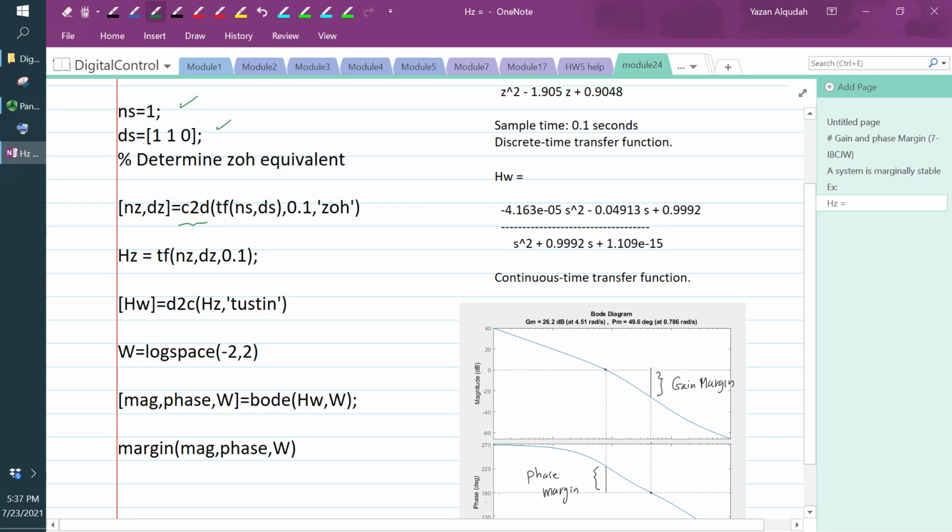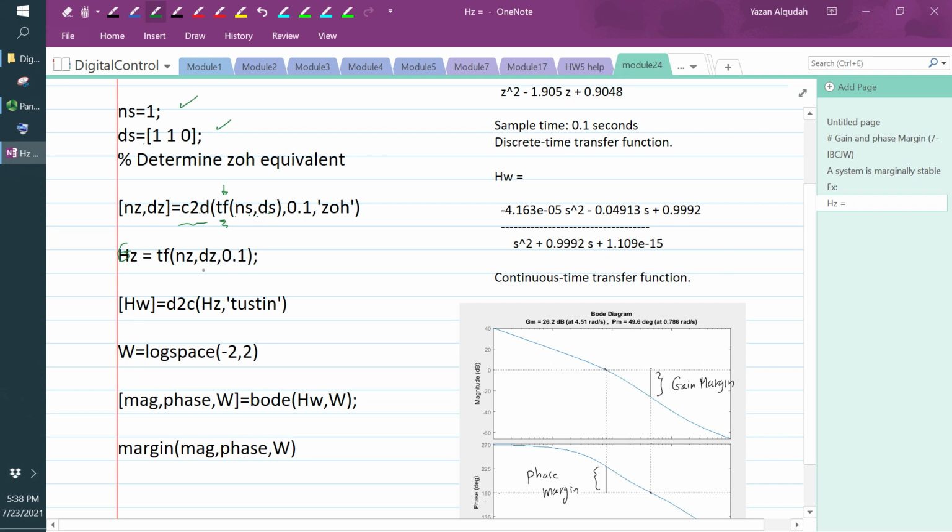I'm using Octave, so I need to use the transfer function command TF to create a system. If you're using MATLAB, you don't need the TF; you can just use C2D with NS, comma, DS. Then we get NZ, DZ, and this gives me G of z, which is H of z.